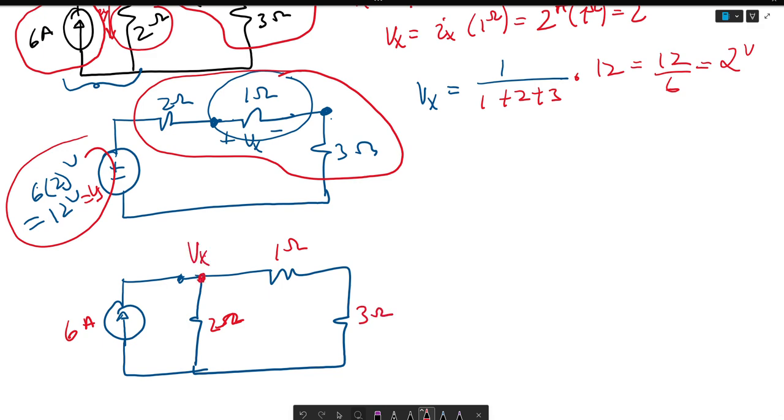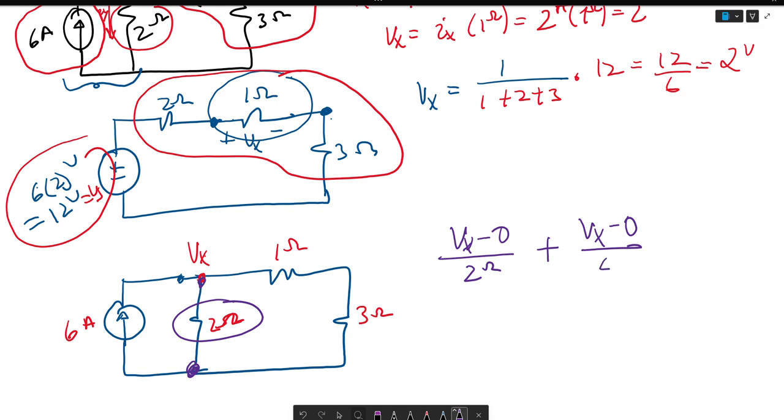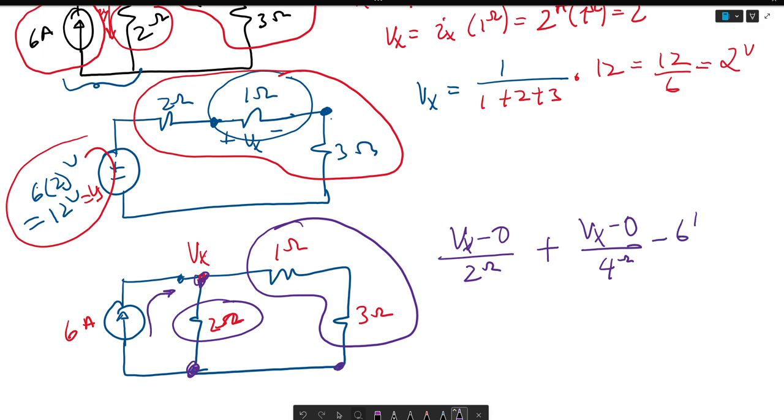And this here is Vx. We could say Vx minus 0 over 2 ohms plus Vx minus 0 over 4 ohms, this is the 4 ohms here. And since this is entering the node, we consider this a minus 6 amps, is equal to 0.